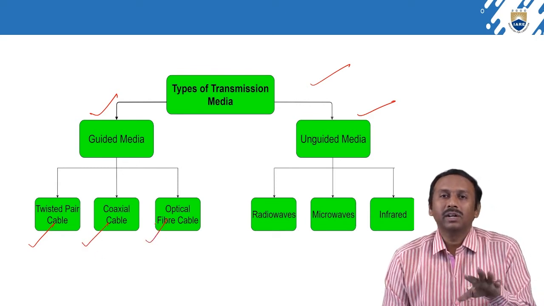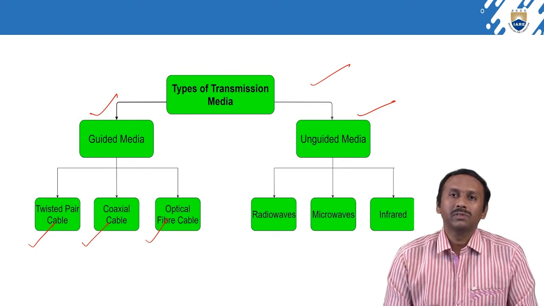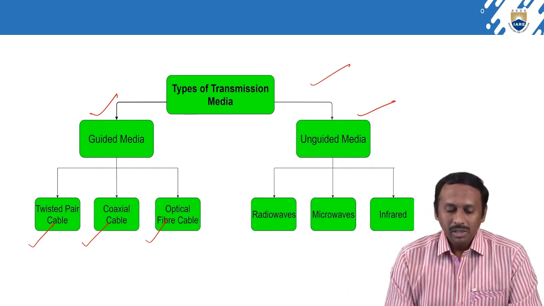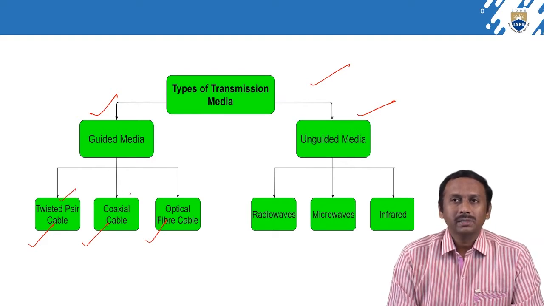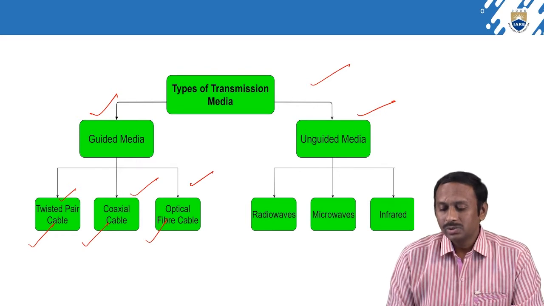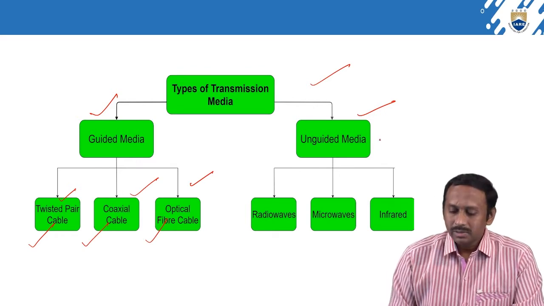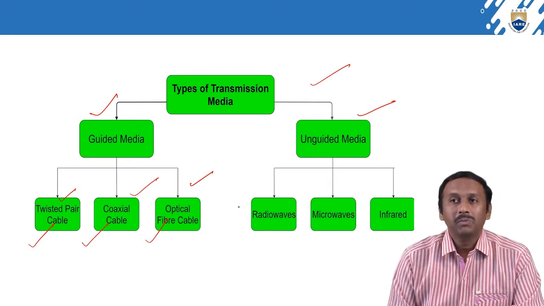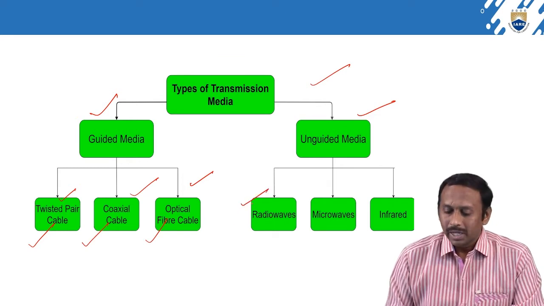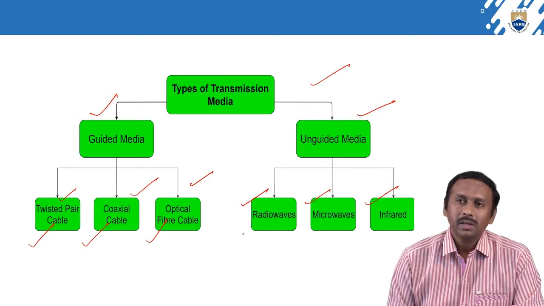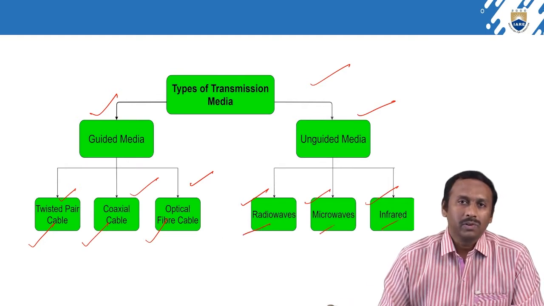These are three different types of cables we use for transmitting the data from source to destination. Coming to unguided media, the data can be transferred from one system to another with the help of radio waves, microwaves and infrared.